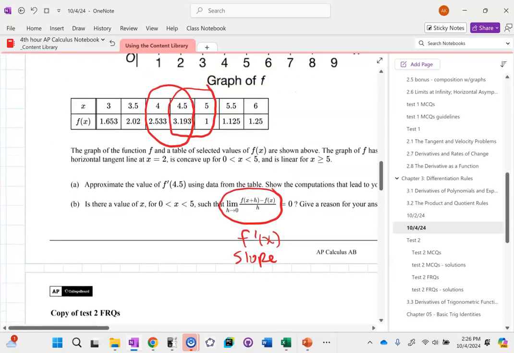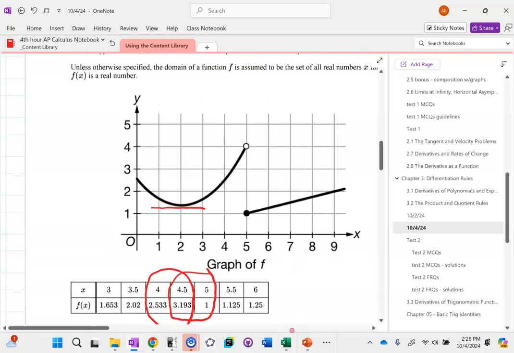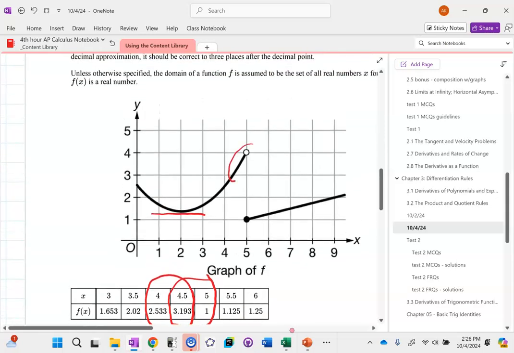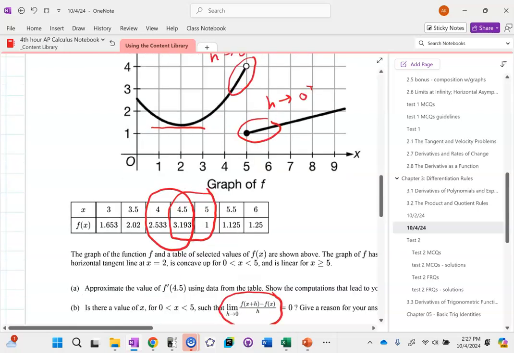So if I look at 5, it's right here. The slope from the left is that end. The slope from the right is that end. But what will I say about the derivative there at 5? Doesn't exist. Why not? We have a discontinuity.